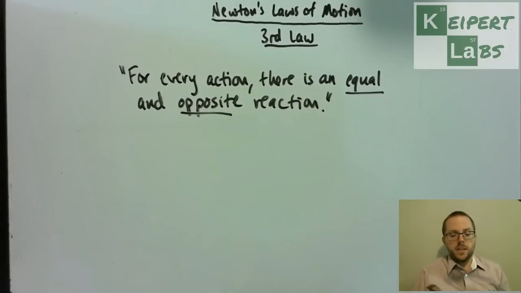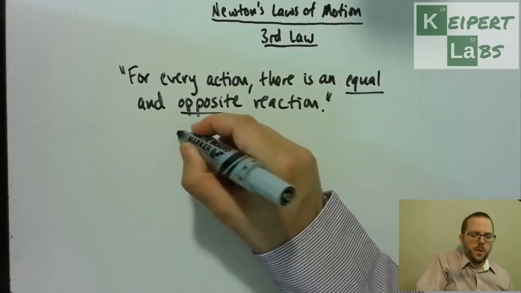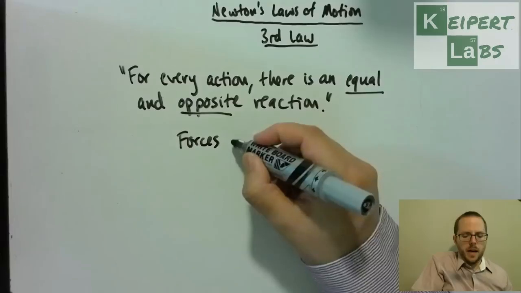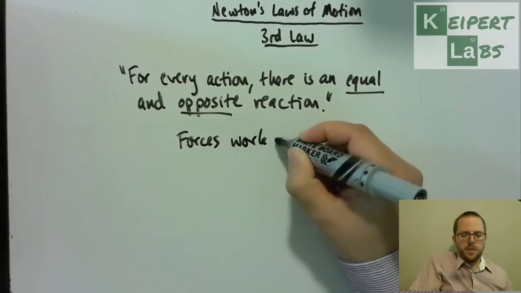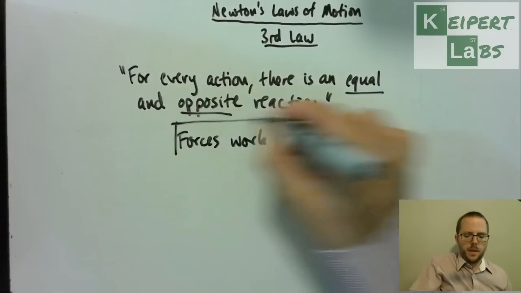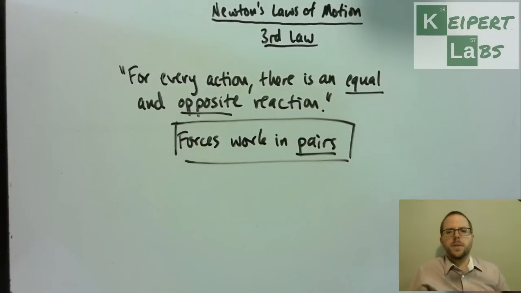So it's quite a familiar scientific phrase, but you may not have actually been able to put it in context before, or think about what it actually was relating to, but we're thinking about it in terms of forces. And what we can summarize it or add to it is this idea that forces work in pairs. Okay, so there's our big concept.